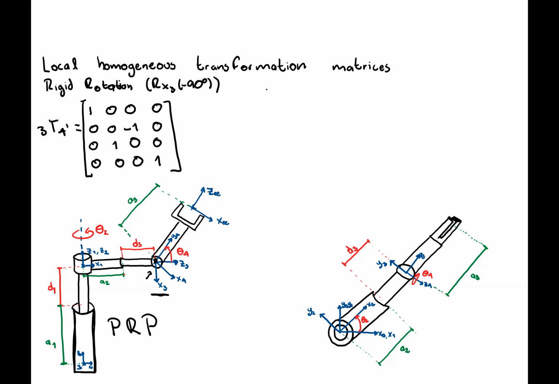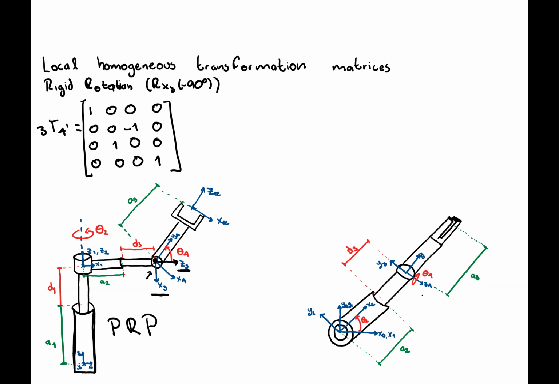Excuse me. Can you repeat why we do a rotation of minus 90 degrees? Yes. So remember that Z3 is pointing in this direction, right? And then Z4 is the axis of rotation pointing outside of the slide.